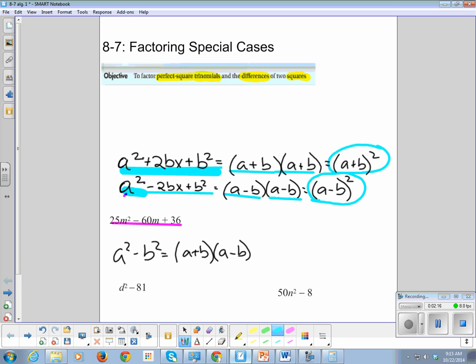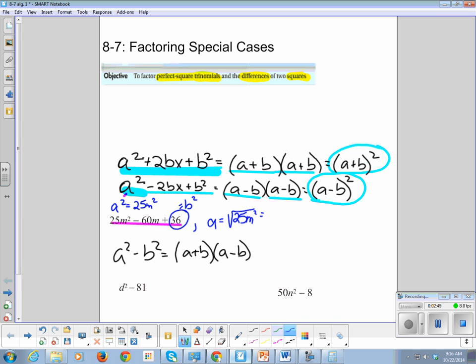Okay, so in this scenario, we have to identify what a squared is and identify what b squared is and pull out the a and b. So if a squared is 25m squared, a is the square root of that.